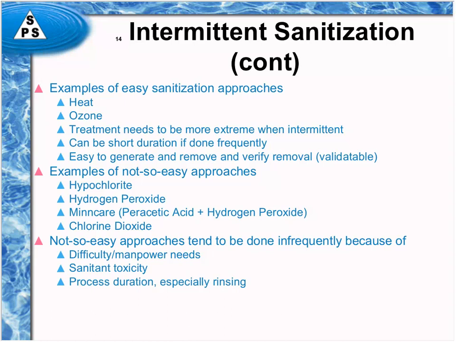And if you're talking about rinsing out chemical sanitants, then special design considerations like sloped piping and drainability and all that kind of stuff become factors that should be built into the water system before it's even constructed, have to be designed in. And those assist in reducing the amount of time needed for rinsing, as opposed to just a continuous flush of the system until your residues are down to a low enough level.